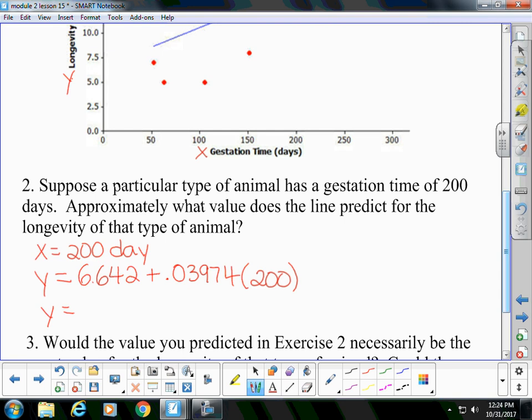Y is the longevity, lifespan. Okay, so I'm plugging that in my calculator, and I'm getting 14.59, so a little over 14 and a half years.